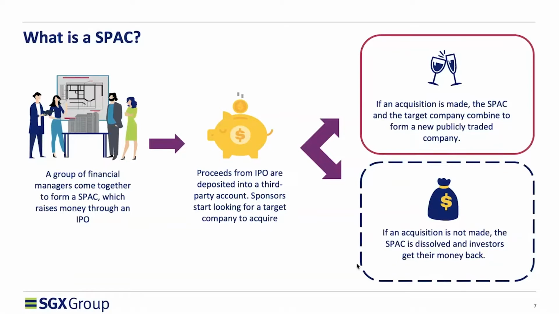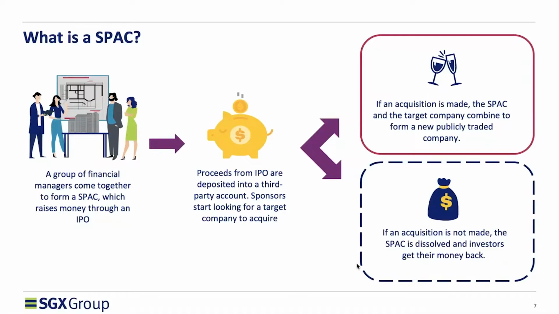What happens at the start is that a group of financial managers would come together to form a SPAC. We'll call these financial managers the sponsors of the SPAC. What they do is to raise money through an initial public offering. Effectively, investors like you and I can decide to invest in this SPAC through the IPO.